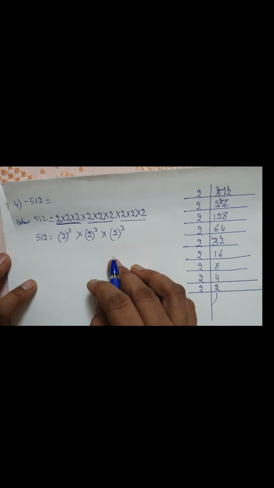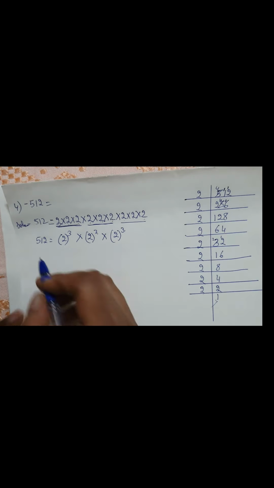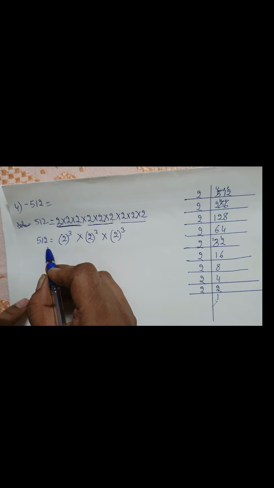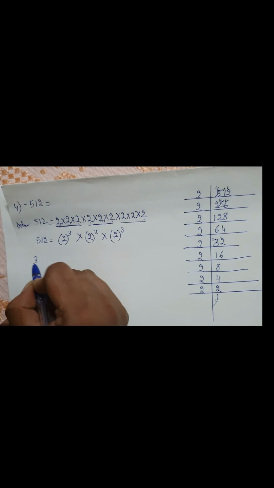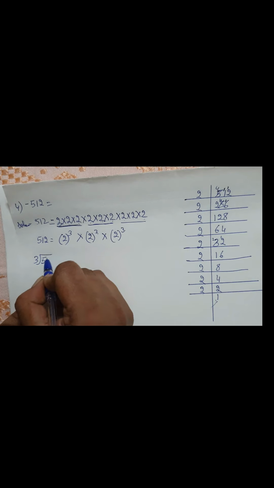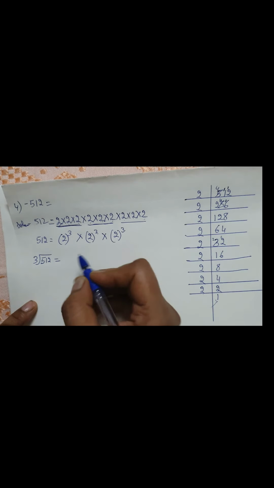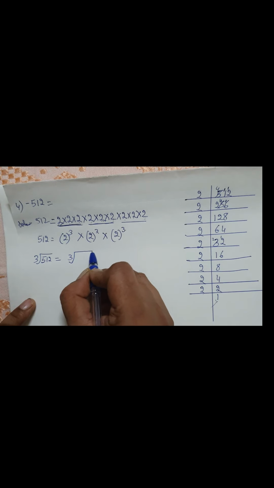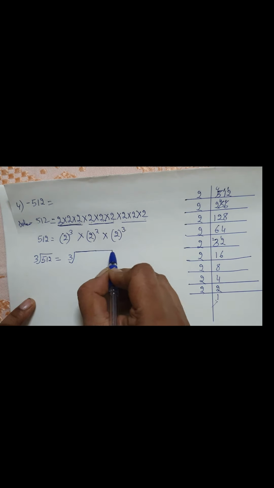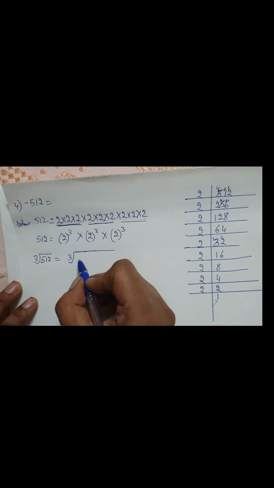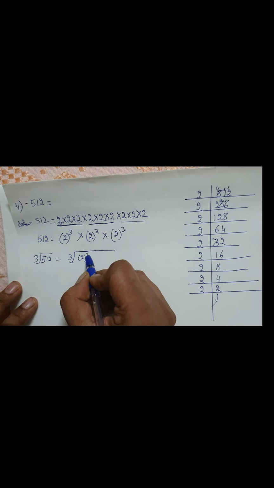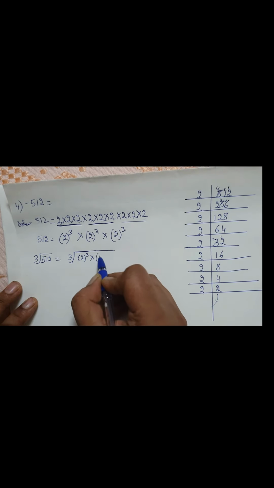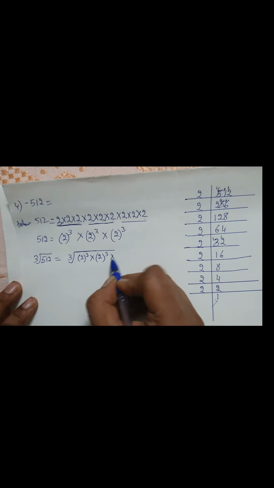Now we have to find the cube root of 512. So cube root of 512 is equal to cube root. This way we have to extend the line and write all these numbers here: 2 cube multiplied by 2 cube multiplied by 2 cube.